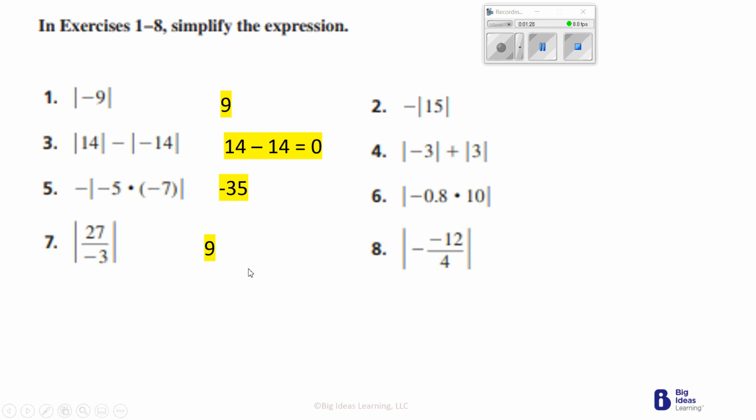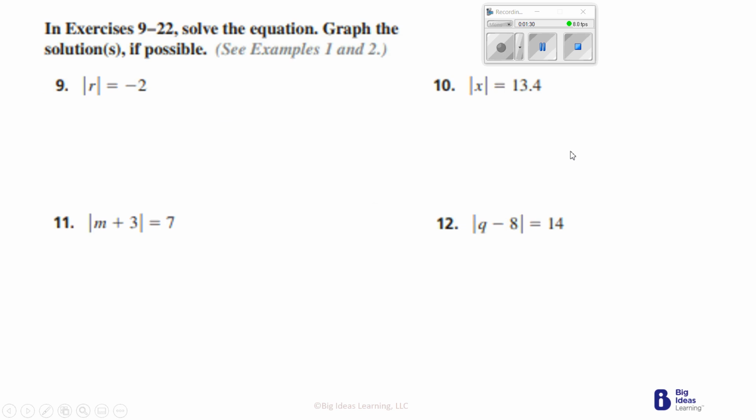Let's go ahead and get to number 9. It says solve the equation, graph the solution if possible. All right, they're saying the absolute value of r equals -2. Now we're solving the equation and then graphing the solution.